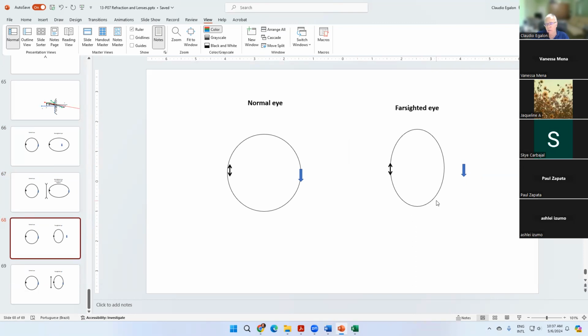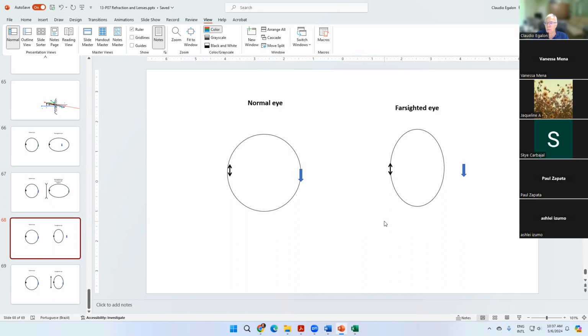The eyeball, instead of becoming stretched, becomes compressed. And the image, instead of forming exactly at the retina, where it's processed and sent to the brain by the optical nerve, right? The image is formed past the retina.